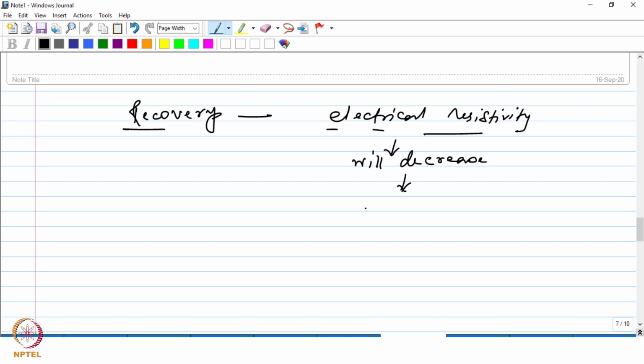This is because of the fact that the dislocation density is reduced, and therefore there are fewer scattering centers for the electrons, because these dislocations can also act as scattering centers for the electrons, which are the charge carriers for the electrical conduction. So when the dislocation density is reduced, there is less scattering of electrons, and as a result of that, the electrical resistivity is decreased and the conductivity will increase.